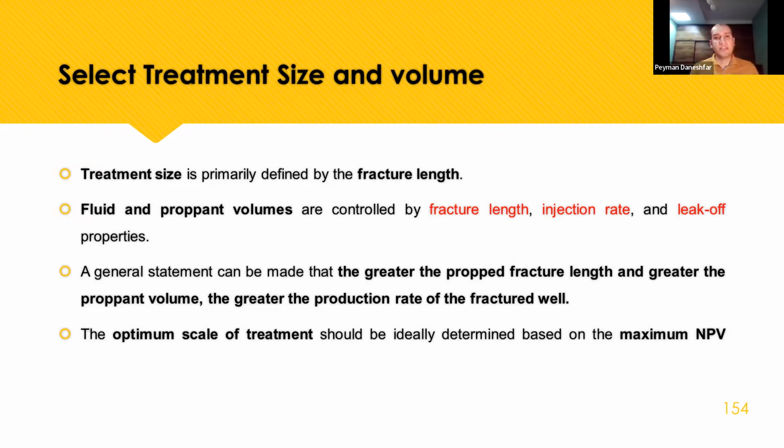A general statement: the greater the propped fracture length and the greater the proppant volume, the greater the production rate of the fractured wells. The optimum scale of treatment should ideally be determined based on the maximum NPV. NPV I will explain in the next slides.